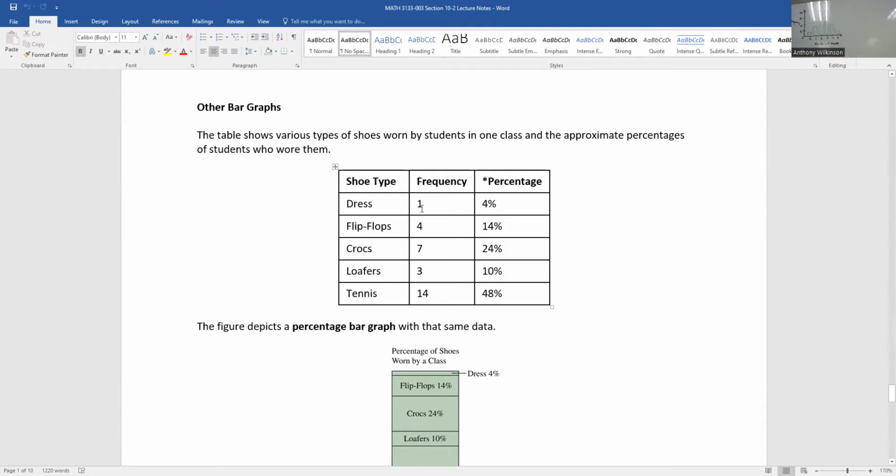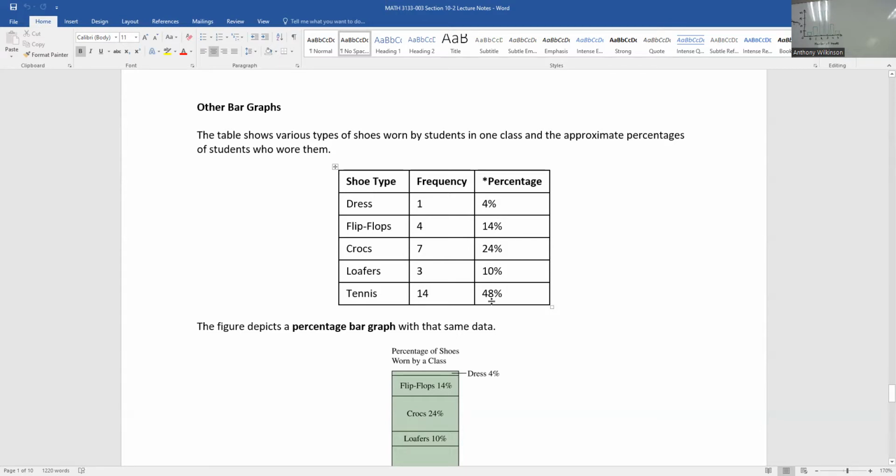What they did was they added the total frequency here, which came out to be 29. And then each frequency was divided by 29 and multiplied by 100 to get 4% for dress shoes, 14% for flip-flops, Crocs 24%, loafers 10%, and tennis shoes 48%.